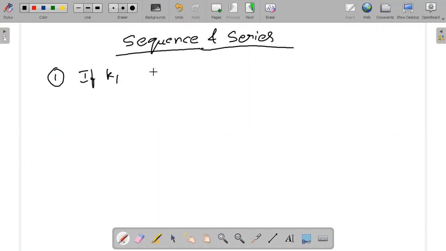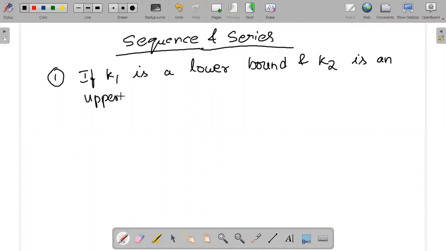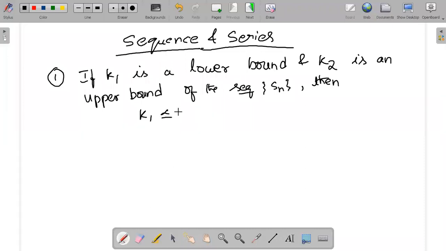Consider K1 is a lower bound, and K2 is an upper bound of the sequence, that is, the sequence is represented like this. Then K1 is less than or equal to Sn.